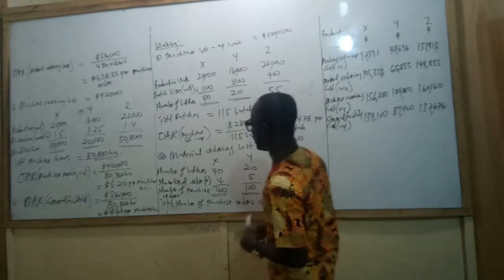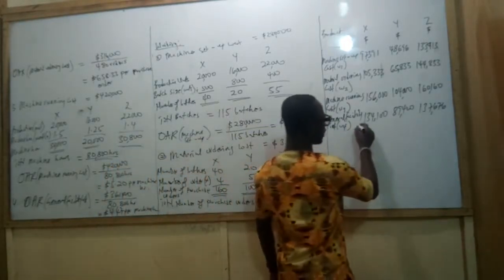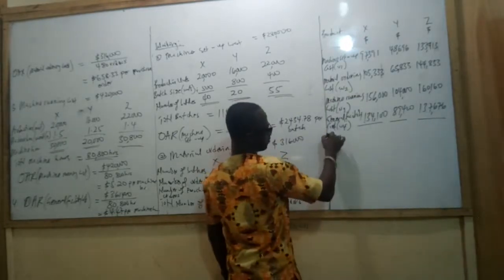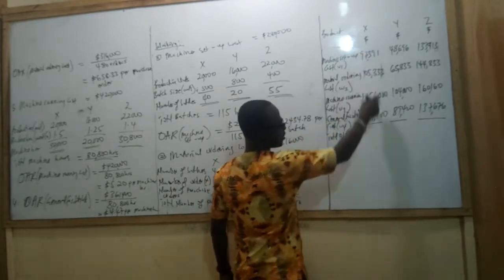So this is it. Are we done? No, sir. We're going to add all. So give me totals of totals. So that will be total overheads.